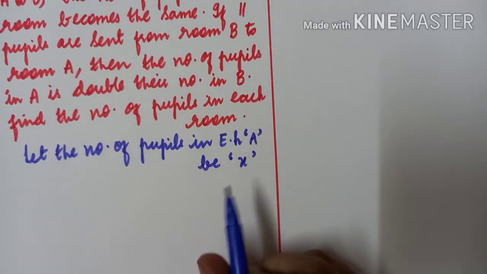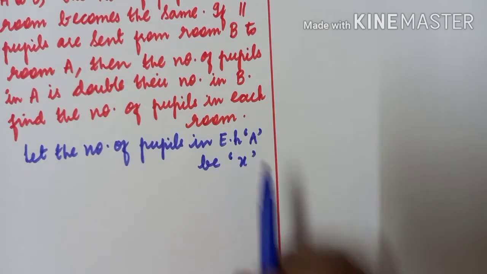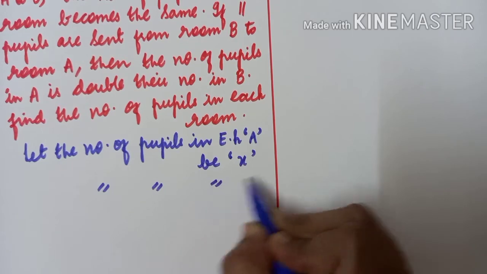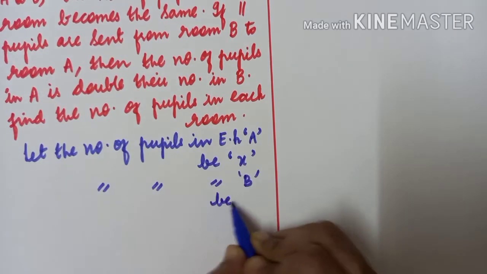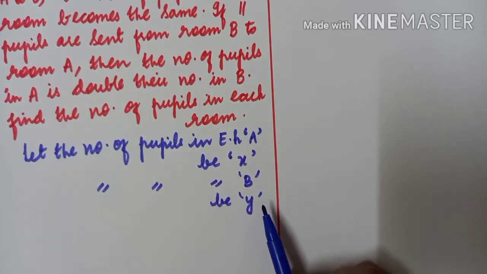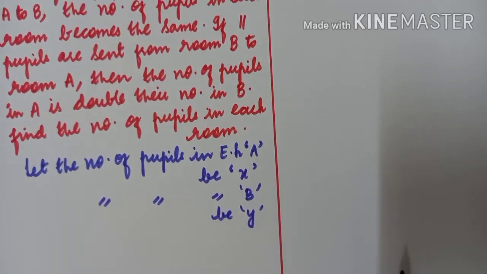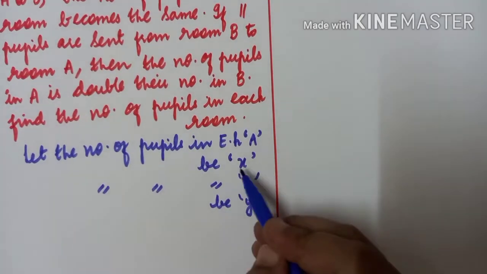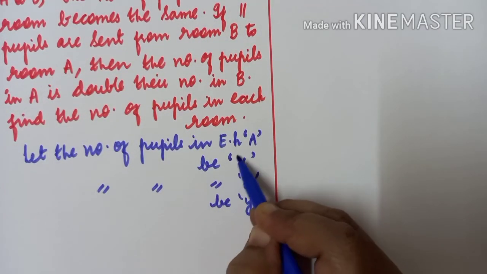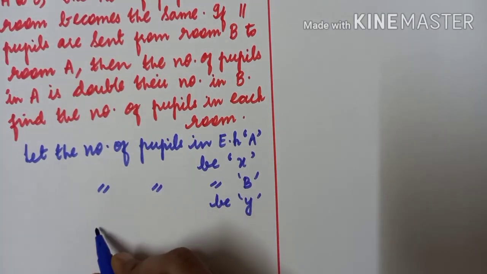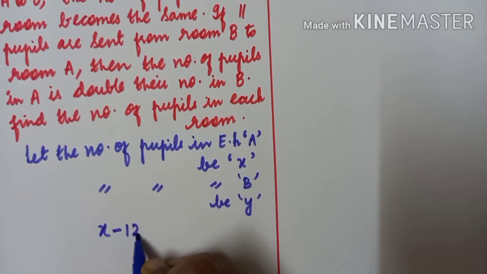The strength of exam hall A is x, and the same thing, the number of pupils in exam hall B is y. We are just assuming it as x and y. So what is asked in the question? If 12 people are sent from A, from this total strength x, 12 people have been sent. So that means x minus 12.